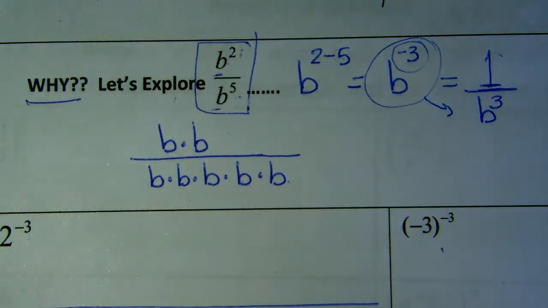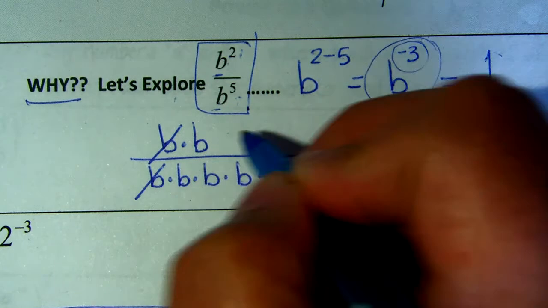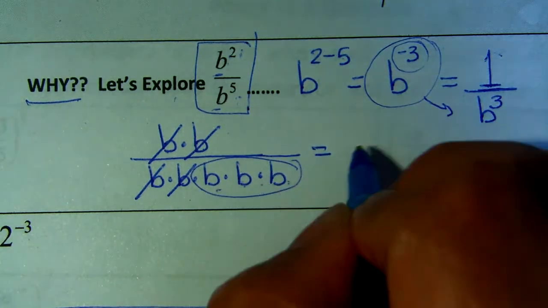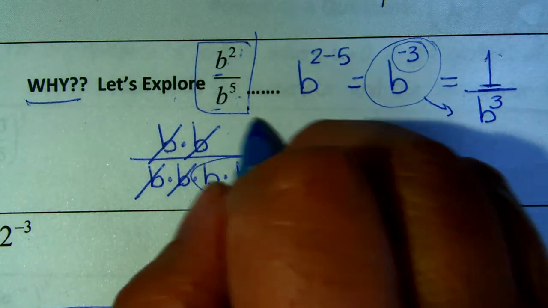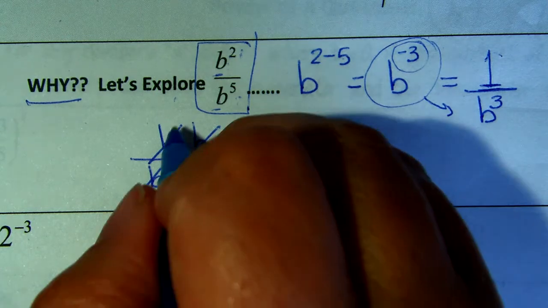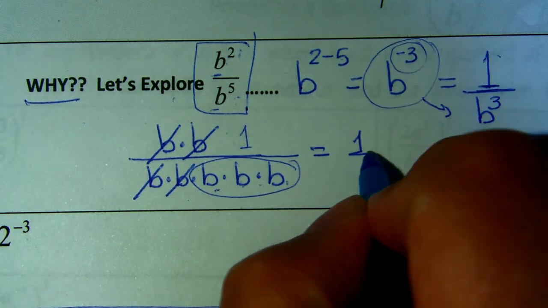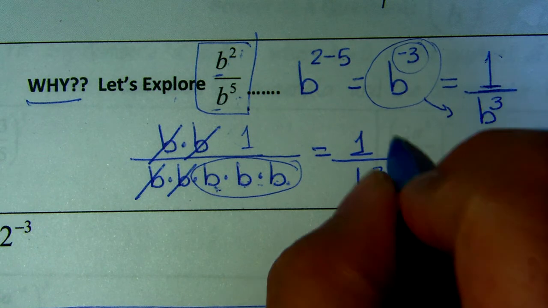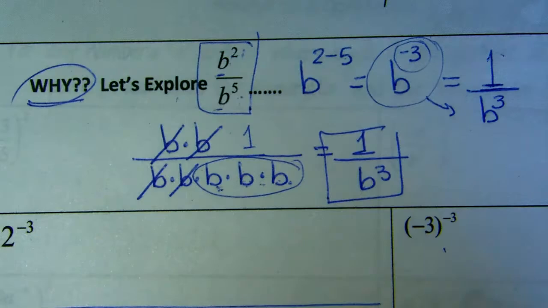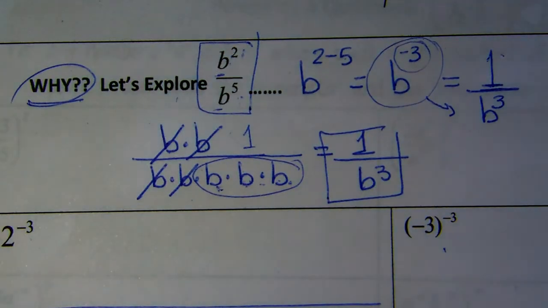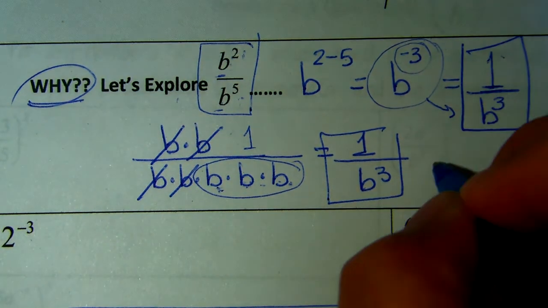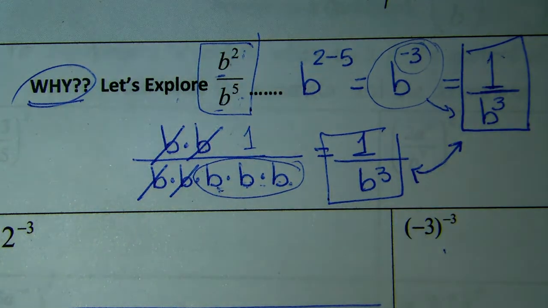Now, if you want to simplify, you cross out this one with this one, and what are you left with? 3 b's. And what happens over here on the top? You're left with a 1. So put the 1 right here, and you have 1 over b to the power of 3. This is the explanation why. So this answer is the same as this.